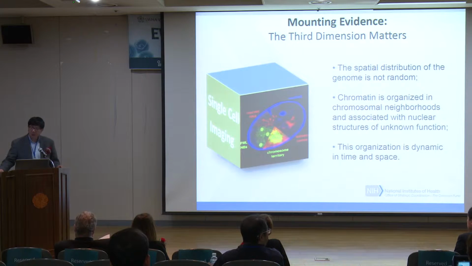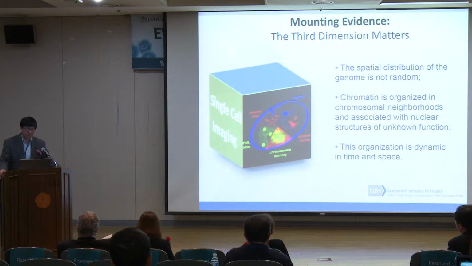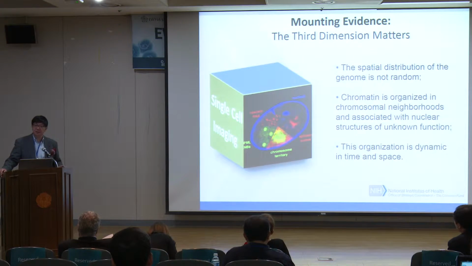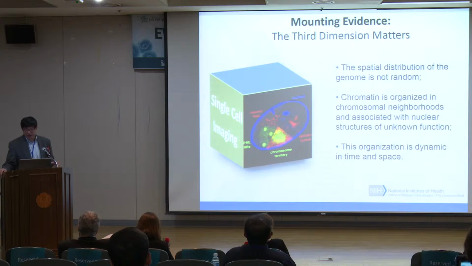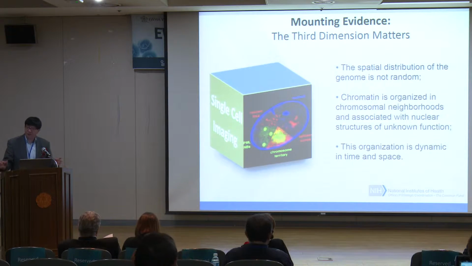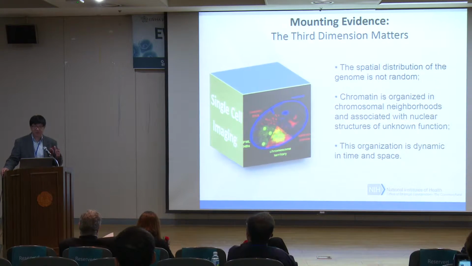Why do we care about these three dimensions in understanding the genome? We think that the three-dimensional organization matters. Not only are they organized in a chromosome and its so-called neighborhood, but they are also dynamic in space and time.